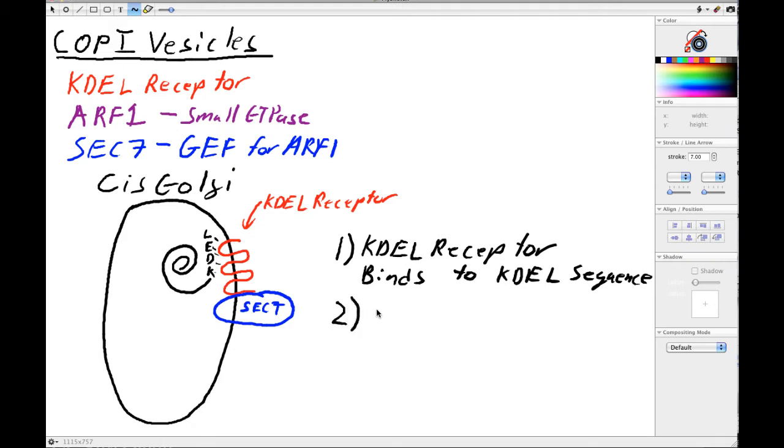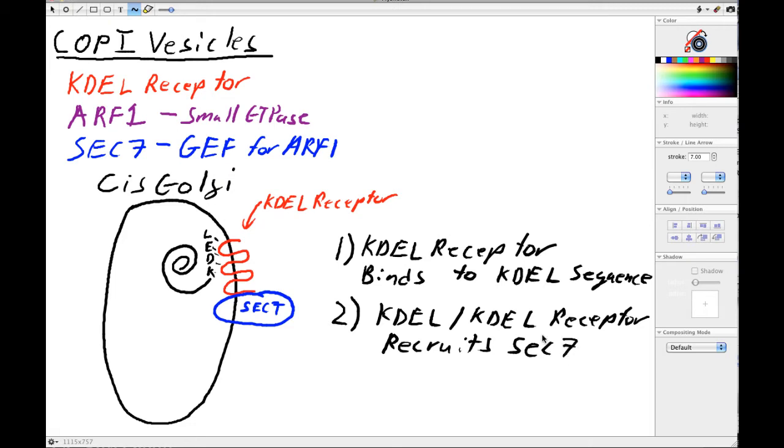And that complex of the KDEL receptor recruits SEC7. So right at the beginning, we have the GEF for ARF1 interacting with the KDEL receptor. So we're already beginning to pull in all the things that we want to recycle, the KDEL receptor and KDEL sequence containing proteins, into the region where we're going to build a vesicle.